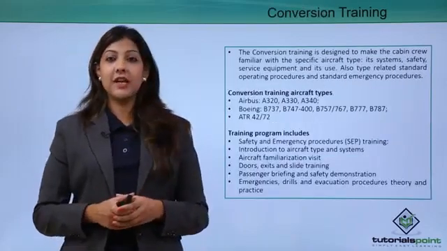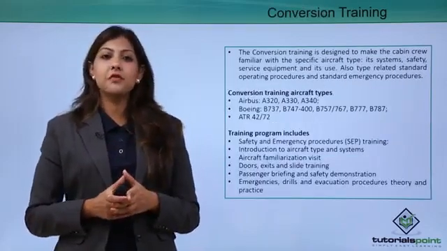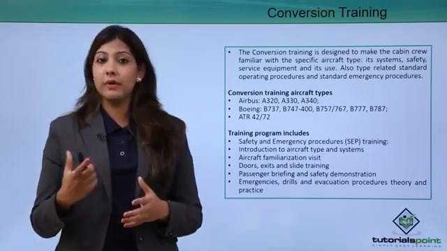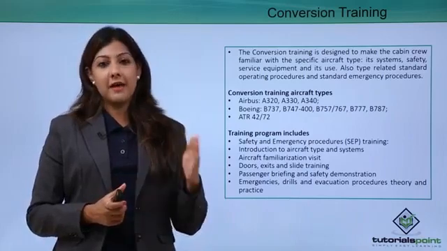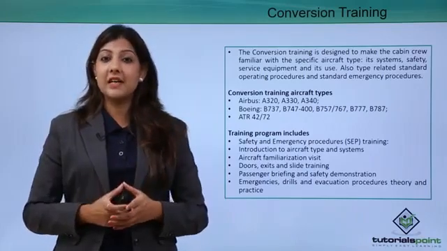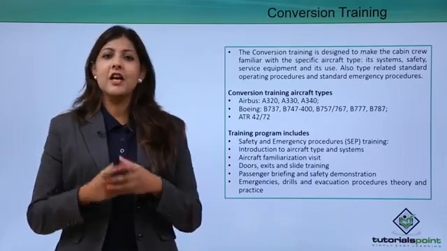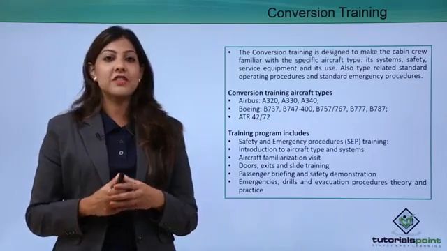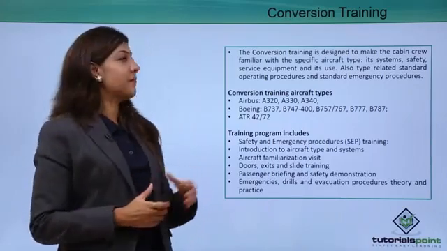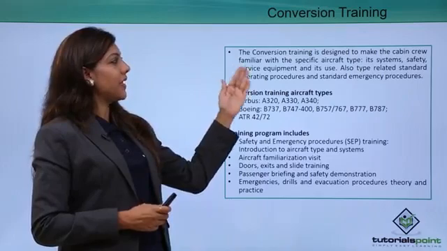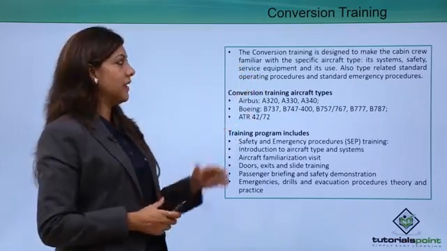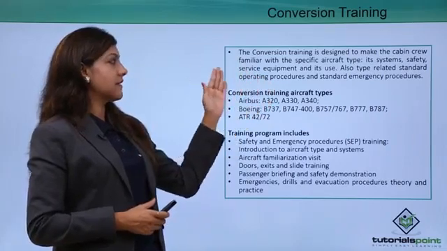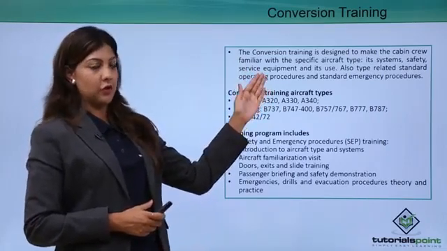Coming to conversion training, a cabin crew member has to fly different Airbus or Boeing aircraft which have different models. She might be flying an Airbus or a Boeing or even an ATR, which is a propeller aircraft. To know the different types of aircraft in detail, she has to undergo something known as conversion training, which makes the cabin crew familiar with that specific aircraft type, the safety systems, the service equipment, and the usage of all these.